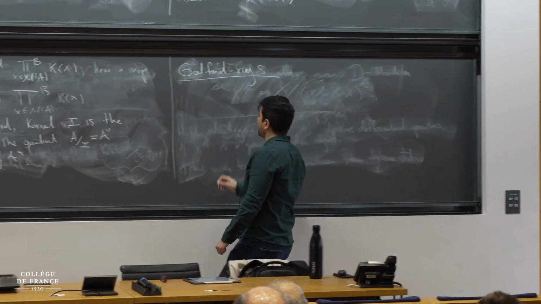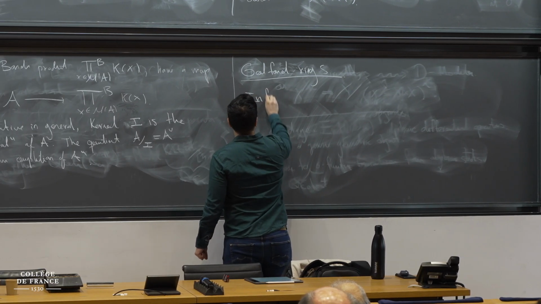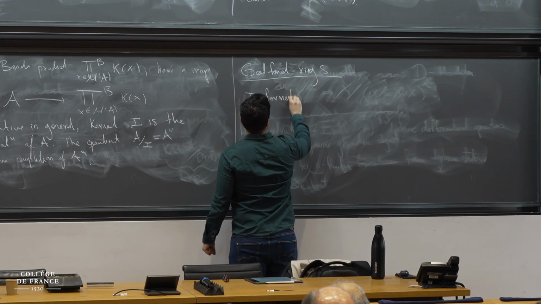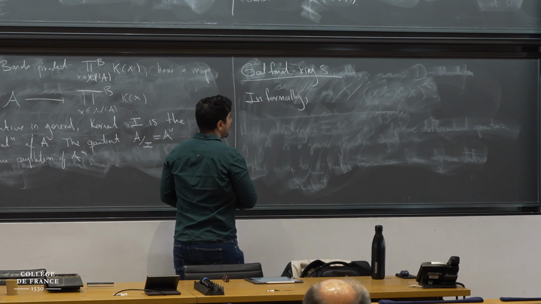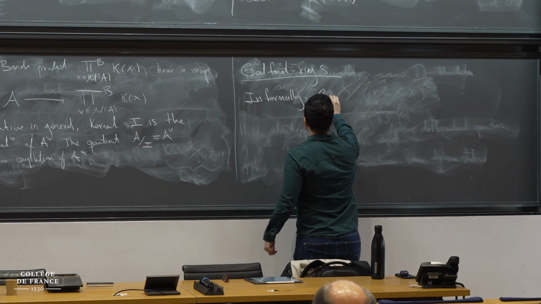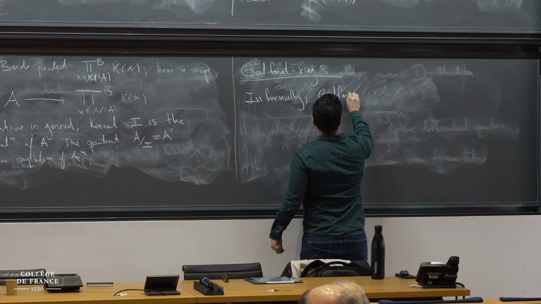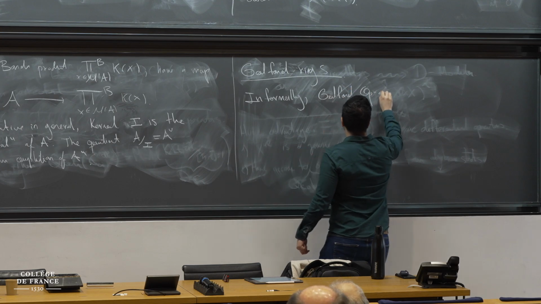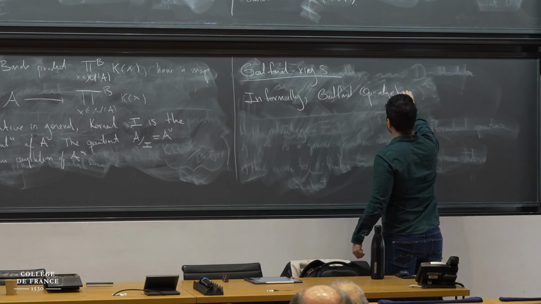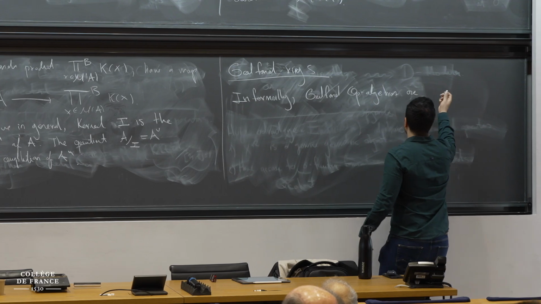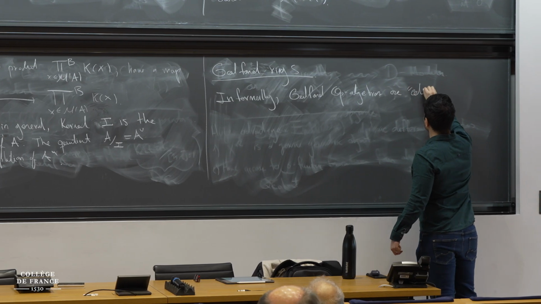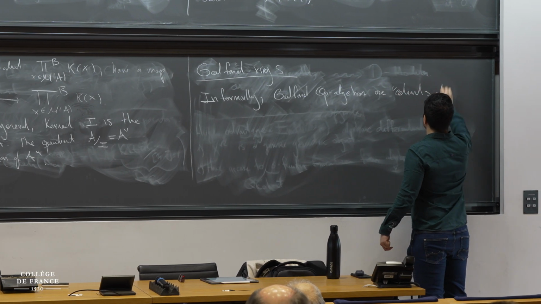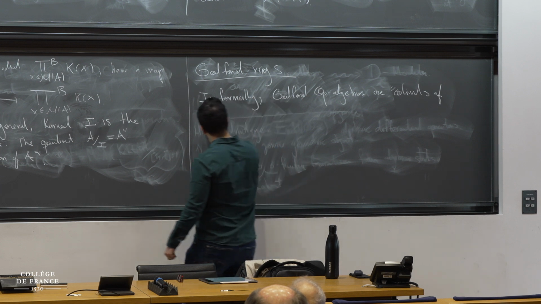Informally, Gelfand rings or Gelfand Q_p algebras are colimits of Banach Q_p algebras.